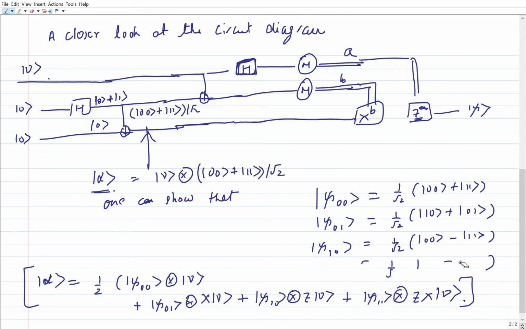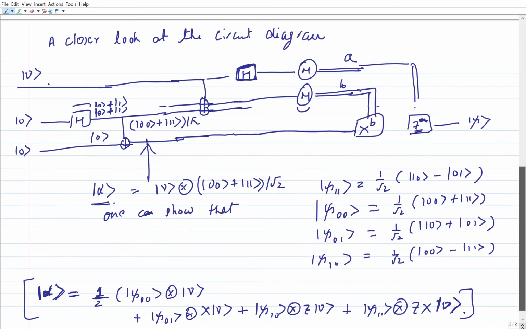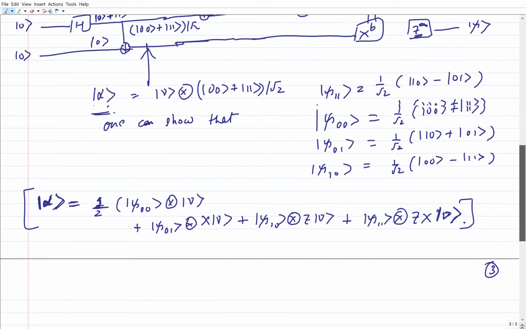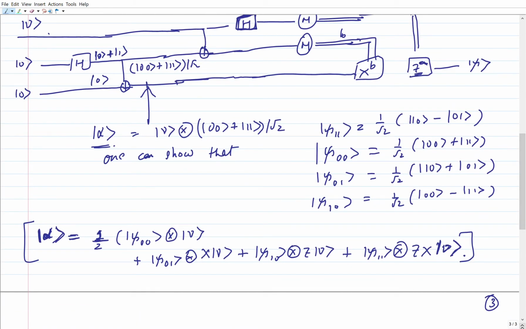So I just try to clean this up and write it on the top of it. So that's the idea.